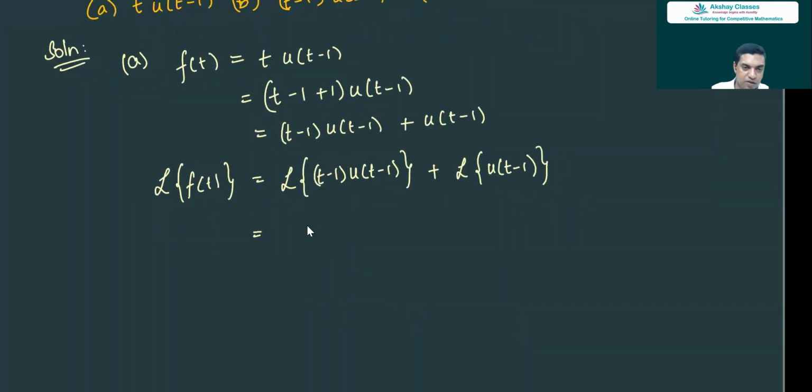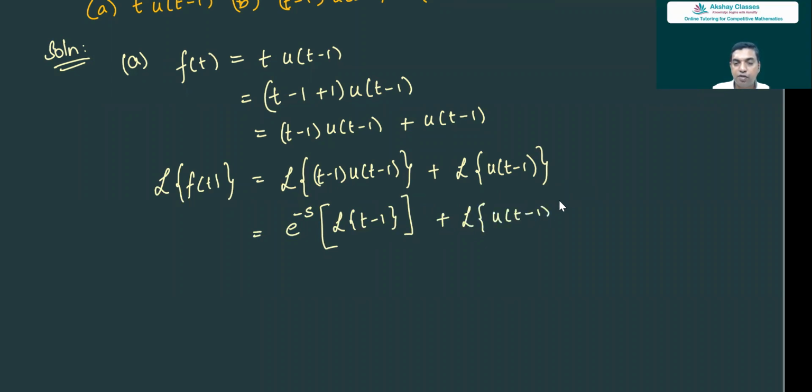So a is 1. So e power minus s times Laplace transform of t. Okay, this is the first one. And this is the Laplace transform of u of t minus 1, the unit step function.